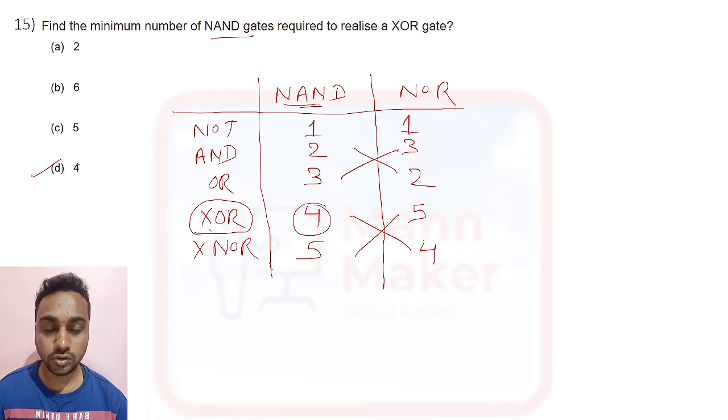If they ask how many NAND gates are required to realize an OR gate, then for the OR gate, 3 gates will be required. The answer will be 3. If they ask how many NOR gates are required to make an AND gate, this is again 3. Like this you have to give the answer. So remember this table for realization of any gate. Okay.